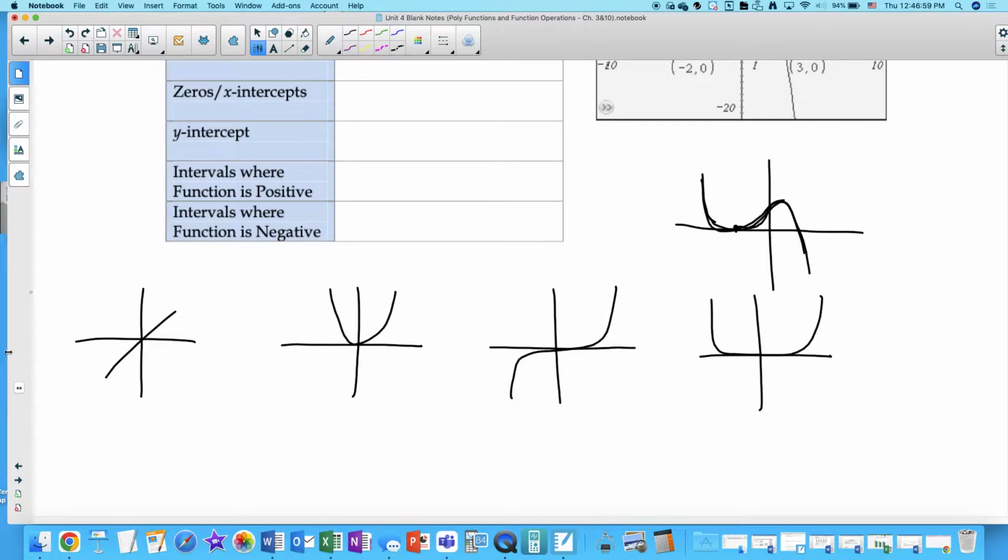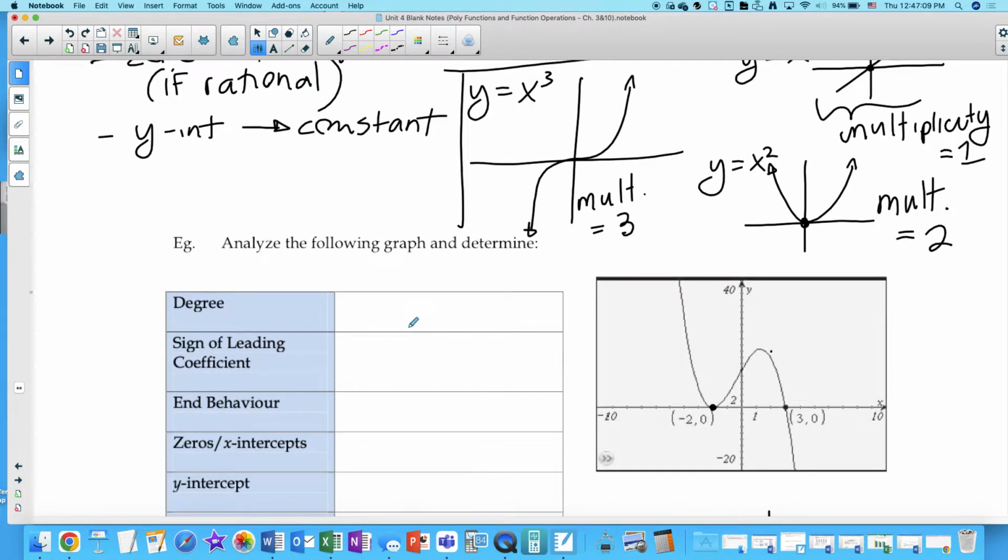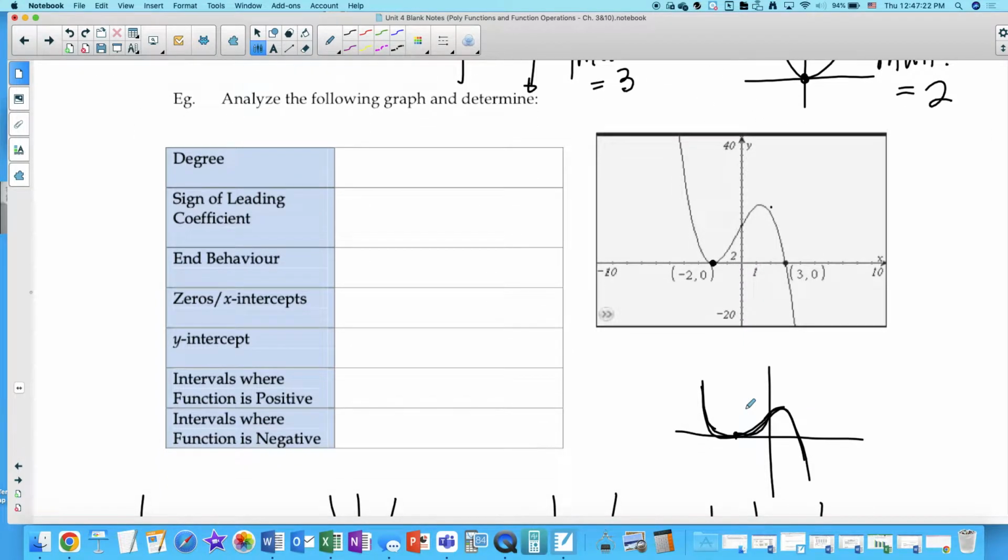Now, there are very, very weird what ifs, weird scenarios where maybe you would get a multiplicity of 4, but it would probably look pretty obvious that that's what you're seeing, because this would appear differently, right? It would be wider, kind of like that. Okay? So what we can take from this, though, the degree is 3.